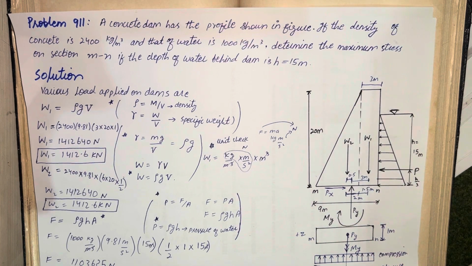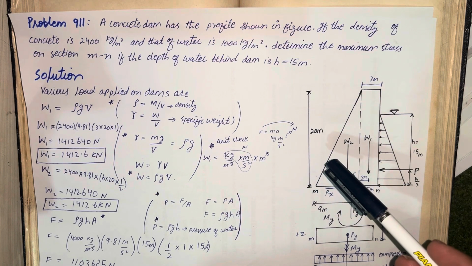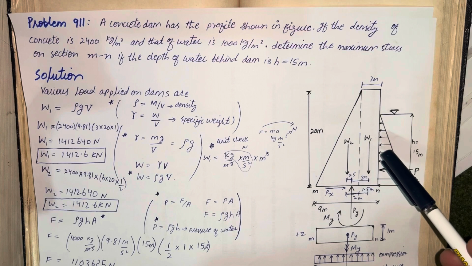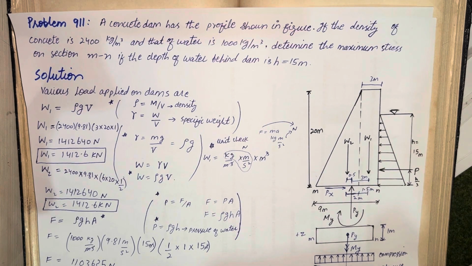So if you look into the forces, this force P of water is trying to slide or overturn the dam, while its weight acting downward is trying to balance this P force and balance the dam structure by friction force, to prevent it from sliding.